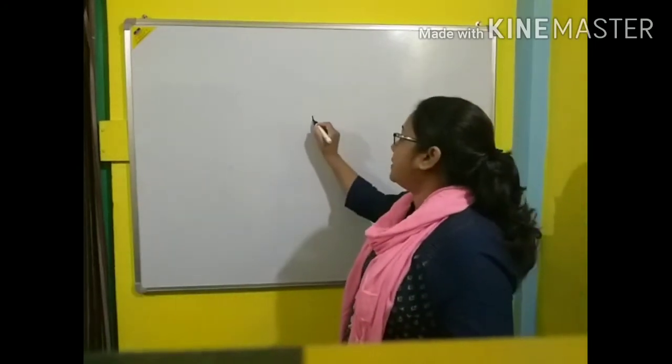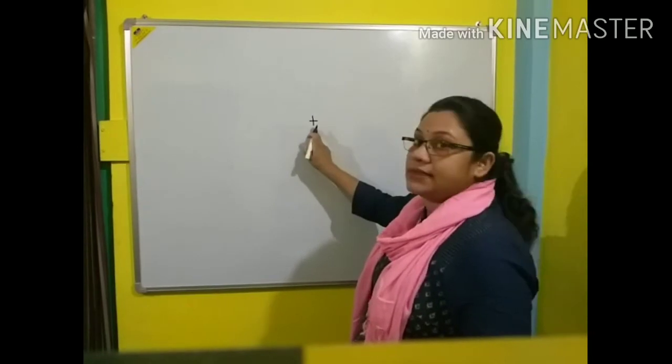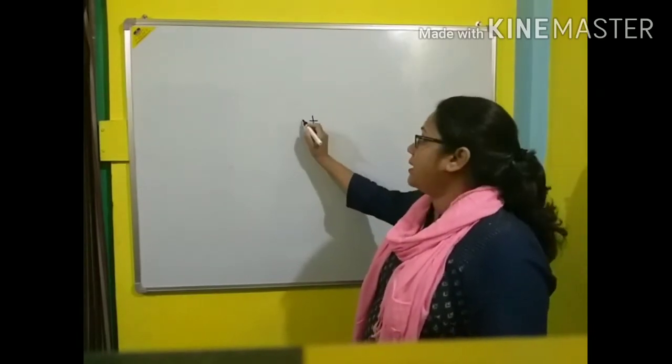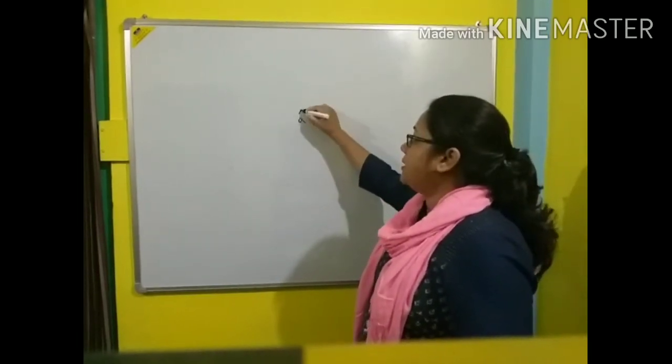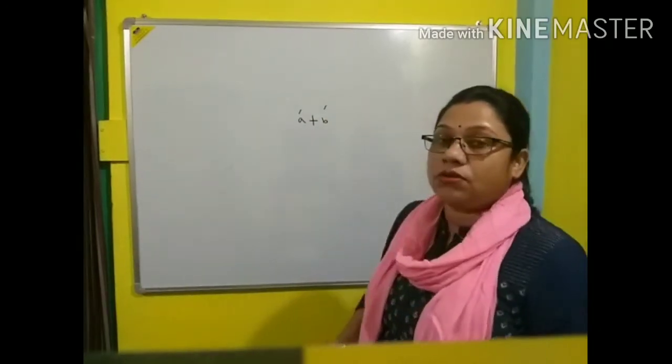Then binary operator: an operator that requires two operands. That means operand and operator, which I discussed earlier. An operator means the symbol that you use in a particular expression. The plus is one operator, and in A plus B, the A and B are known as operands. A binary operator takes two operands.